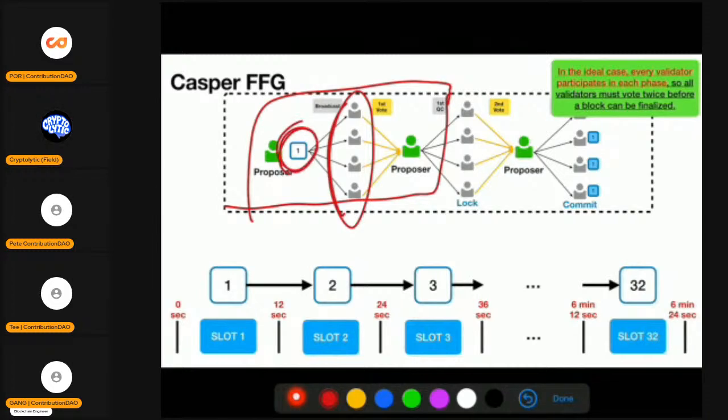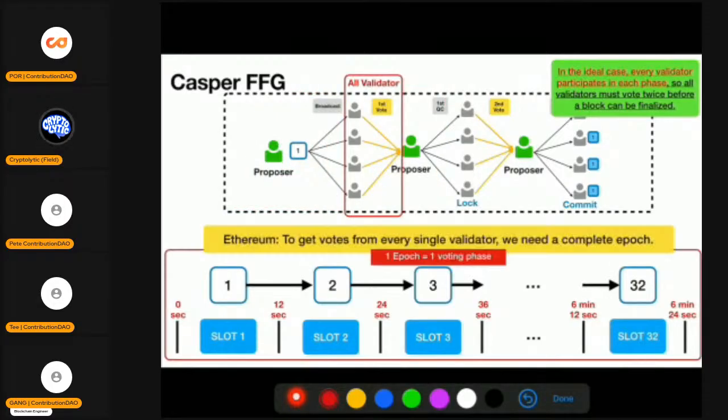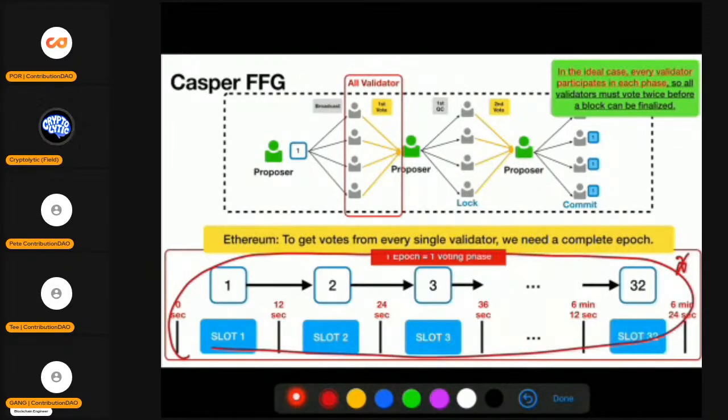And in Ethereum, or in the LMD GHOST, if you want all the votes from the validators, you have to wait for one complete epoch in order for all of the validators to have a chance to vote.